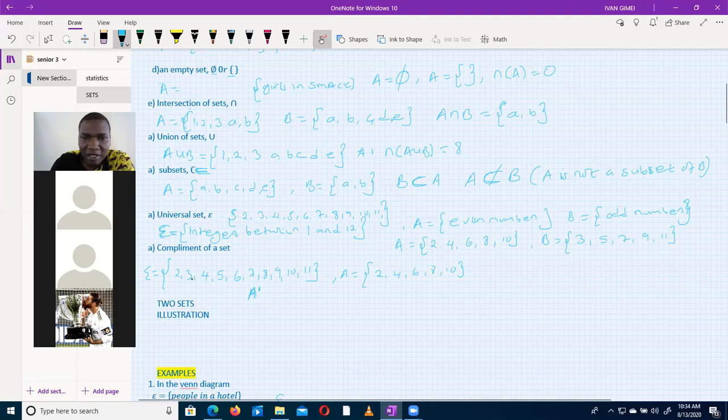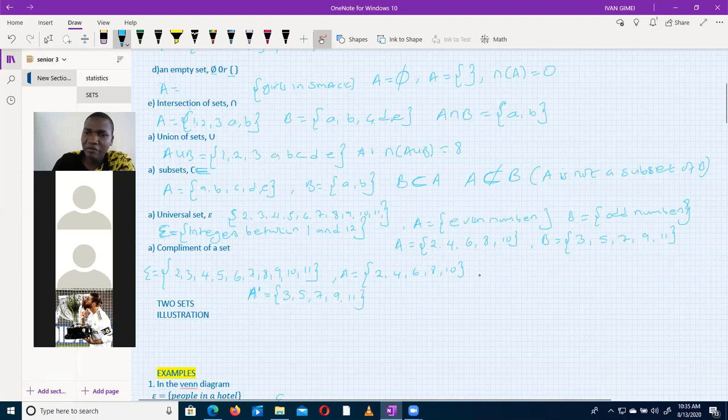Those that are outside set A, so that will be 3. It is in the universal set, but it's not in A. We shall have 3, 5, 7, 9, 11. Those are the elements that are in the universal set, but they're not in set A. That's how we write it.